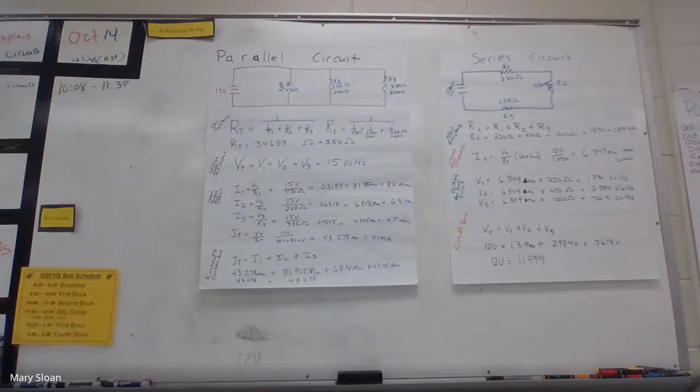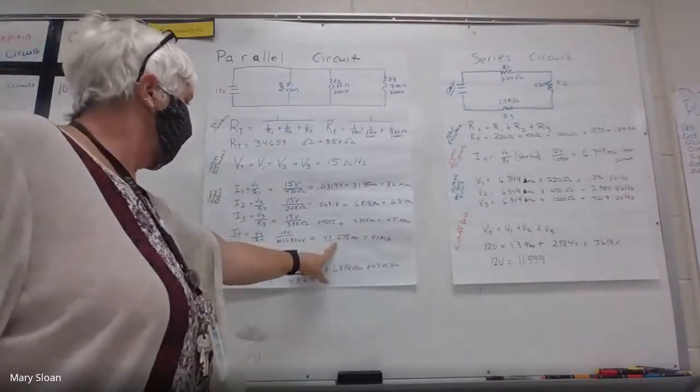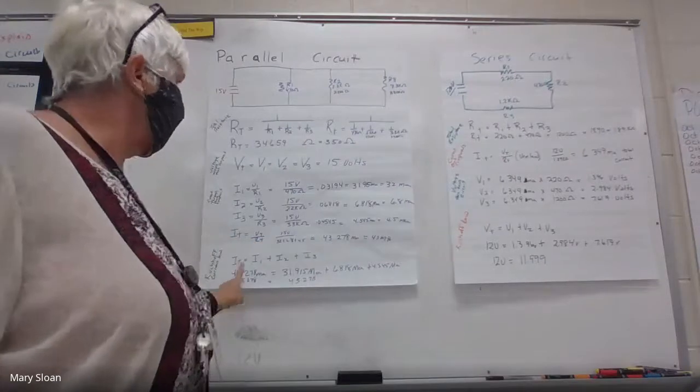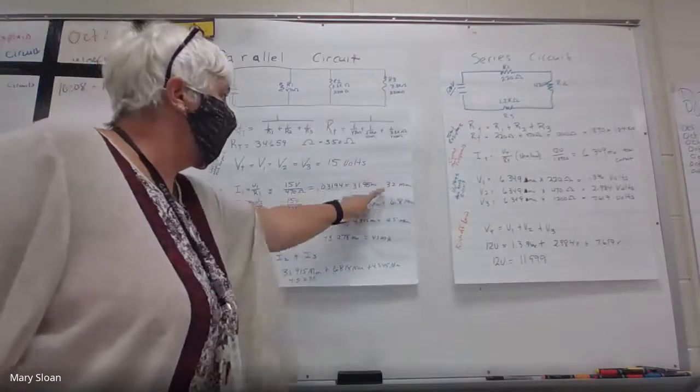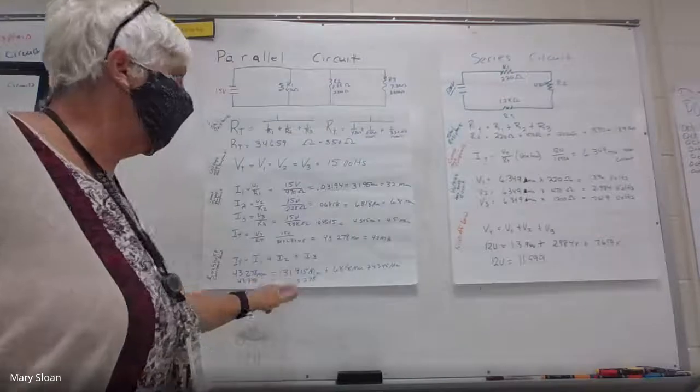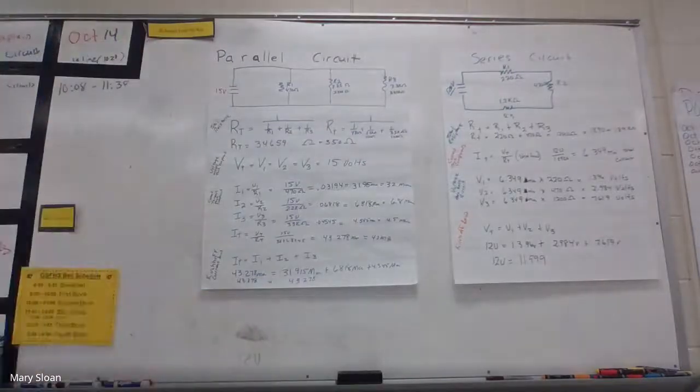So I took my IT, which is my total current, which is this number right here, and then I added each one of those in, this one, and this one. When I do that, it balances. The same thing as what I did with the series circuit yesterday.